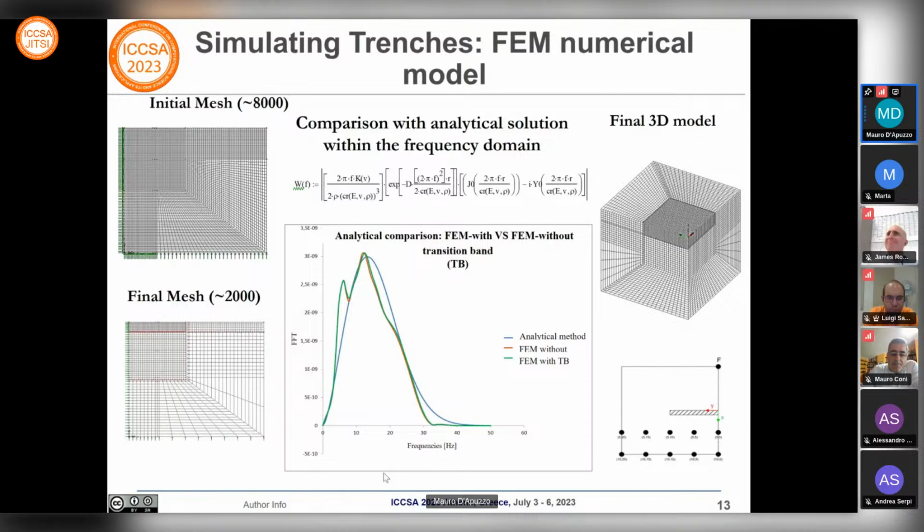So we start from a bidimensional model and we switch to a three-dimensional model.